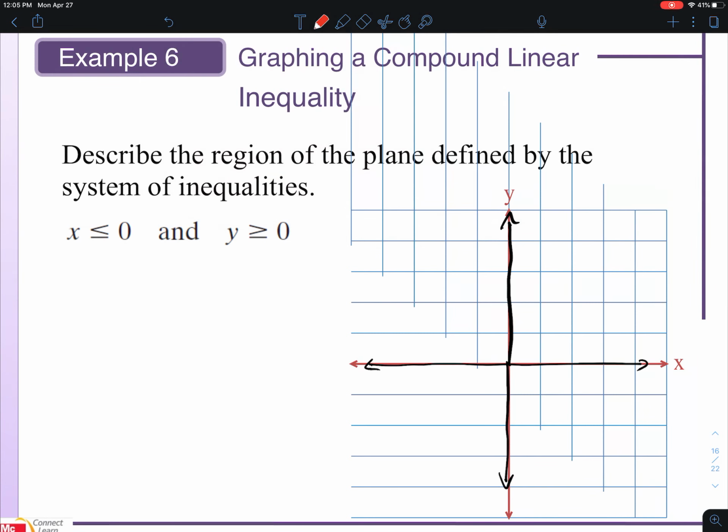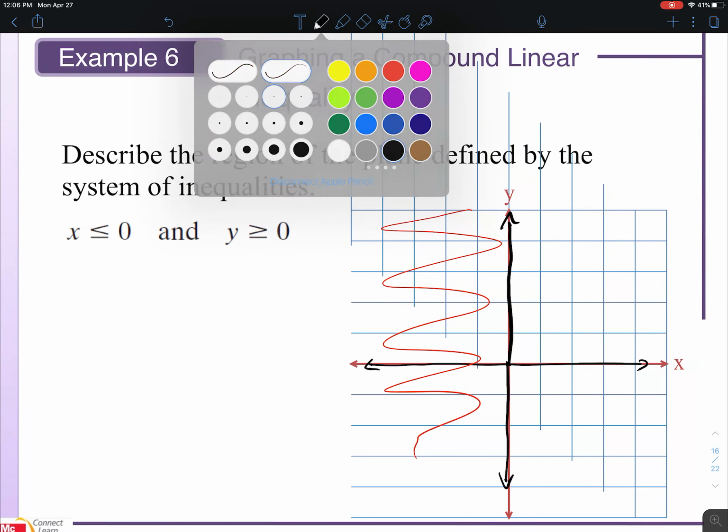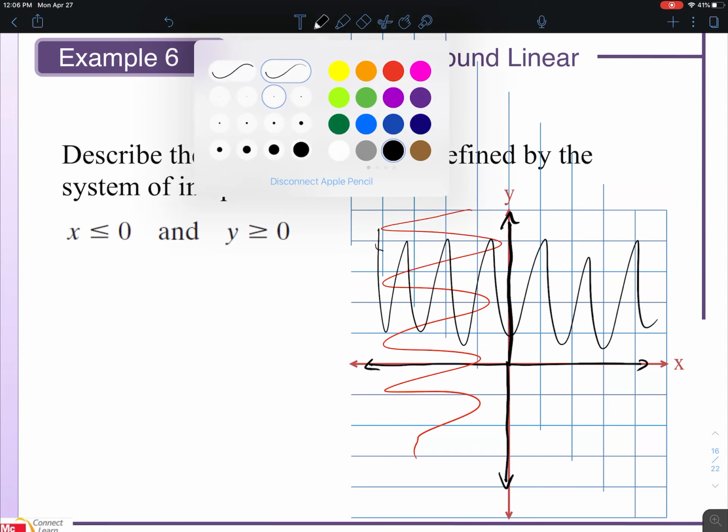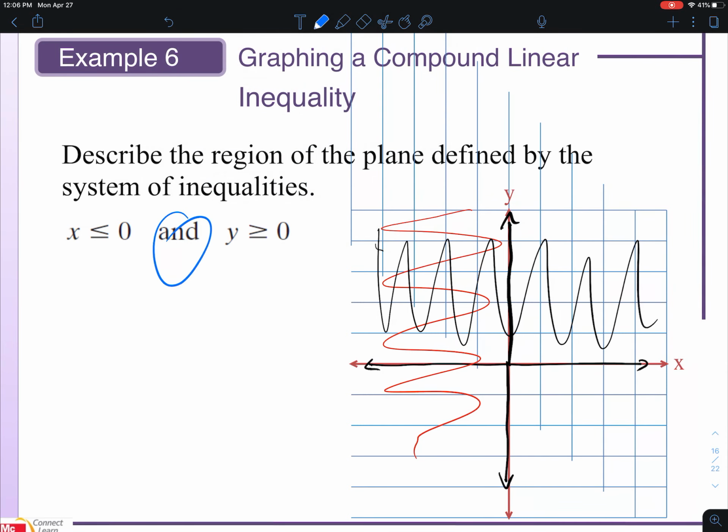So it says that x is less than or equal to 0. Well, the values where x is less than or equal to 0 would be everything to the left. Whereas y greater than 0 is going to be everything above, sorry. So then your solution for this one, since it's an AND, they have to have it in common. So it's going to be just this area right here.